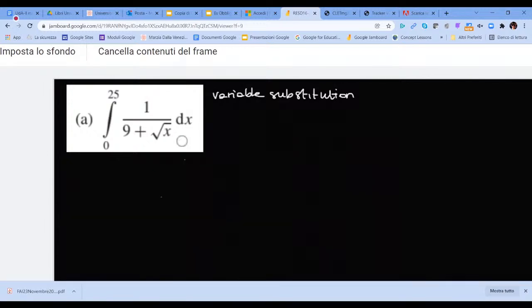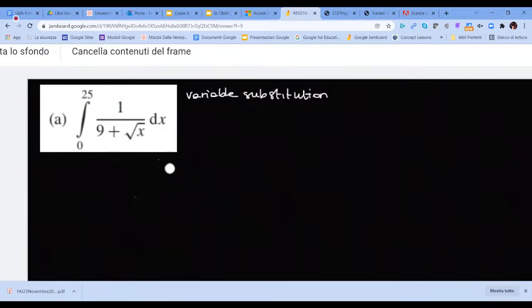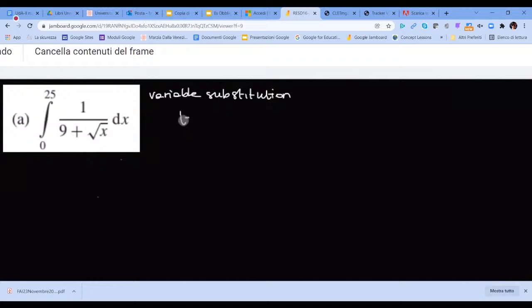I would write the whole denominator as a variable t equals 9 plus square root of x. Pay attention to the extremal points, 0 and 25. 0 isn't something that gives you a 0 on the denominator, because it is 9 plus the square root of x. So we don't need to put the limit on this side, okay?